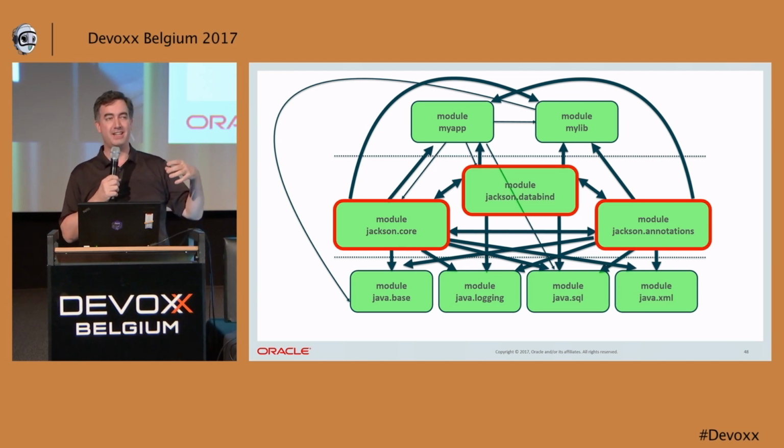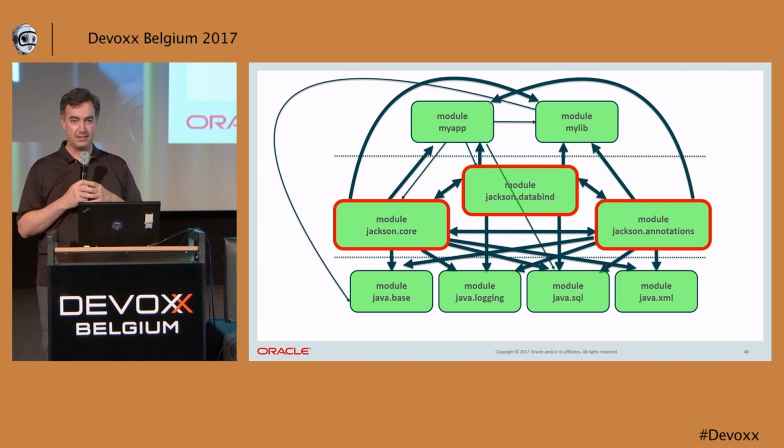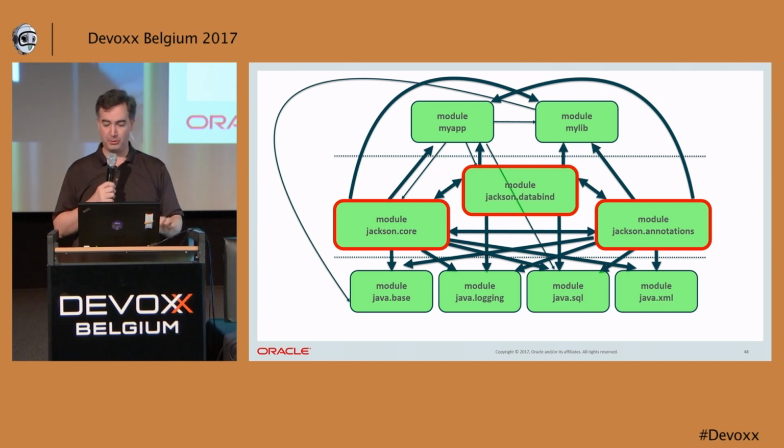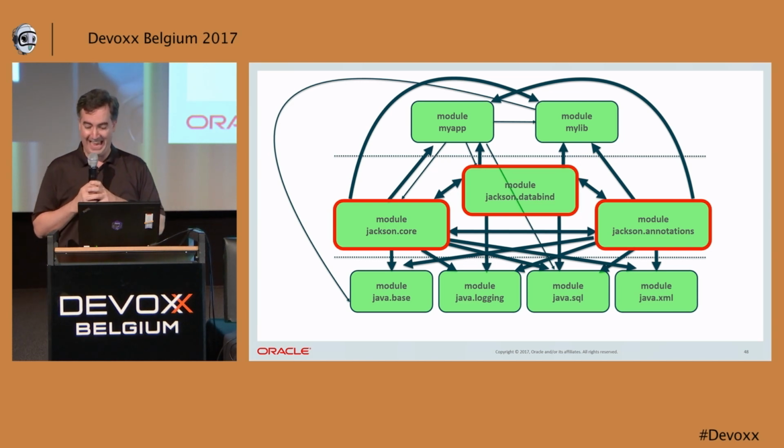So in other words, we're providing the maximum possible compatibility surface for code in jar files when they're placed on the module path. And actually, it's better than when everything was a jar on the class path. If you look carefully, there is no arrow from mylib to myapp.